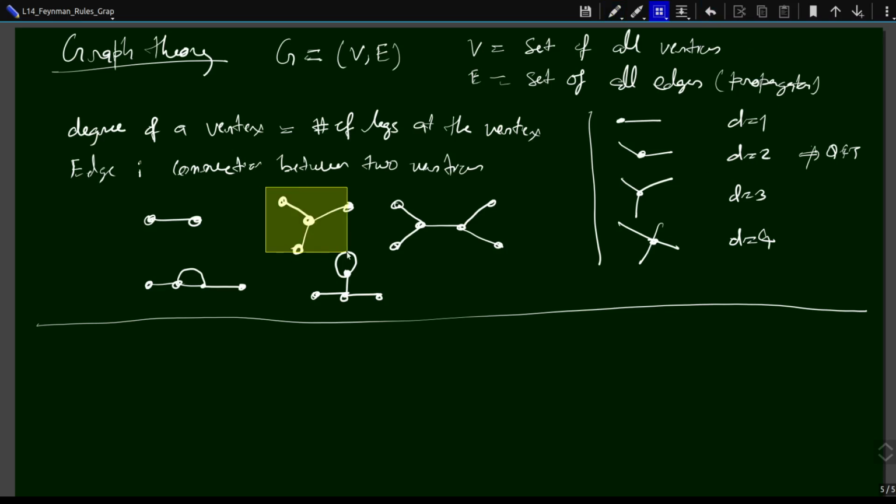In the next one I have 3 external vertices which have degree 1, and the central one has degree 3. In the next one I have 2 vertices with degree 3 and 4 vertices with degree 1. In the lower left I have 2 vertices with degree 1 and 2 vertices with degree 3, and here again I have 2 vertices with degree 1 and 2 vertices with degree 3. These are just to show what kind of diagrams we have.